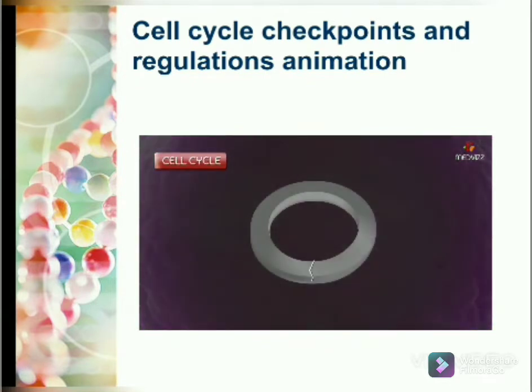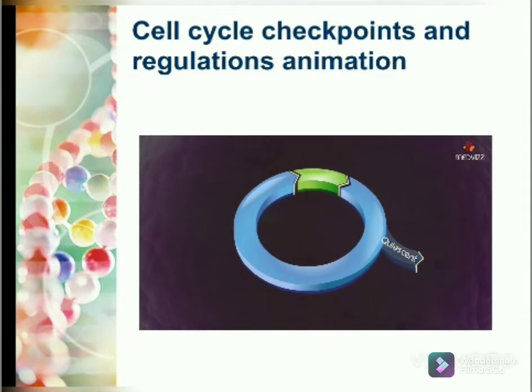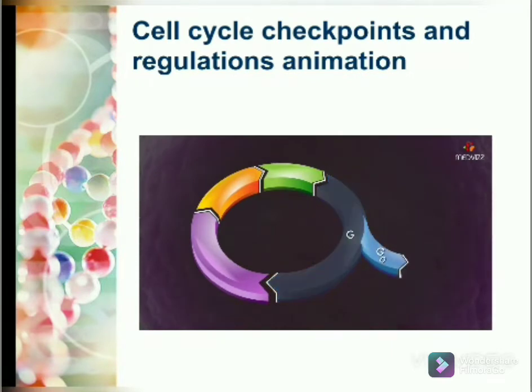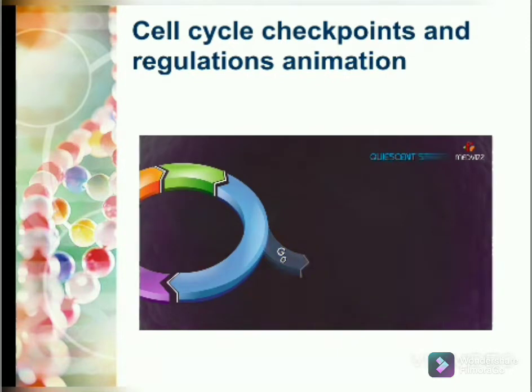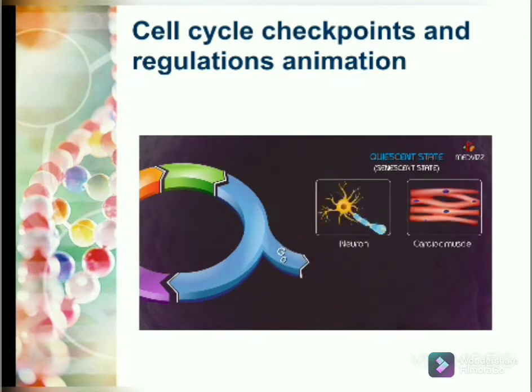Cell cycle. The cell cycle has three states, which are quiescent, interphase, and mitosis, and five phases: G0, G1, S, G2, and M. The quiescent state, also known as the senescent state, comprises the G0 phase. Examples: neurons, cardiac muscle, and RBCs.